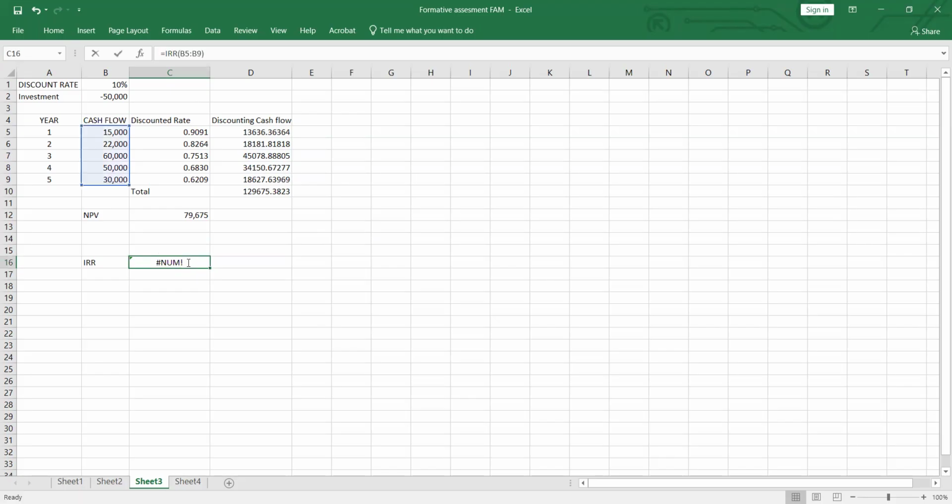What is the values? This cash flow 15. Here, what is the problem?